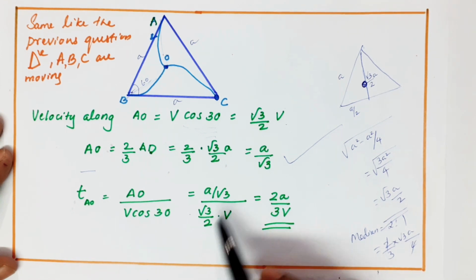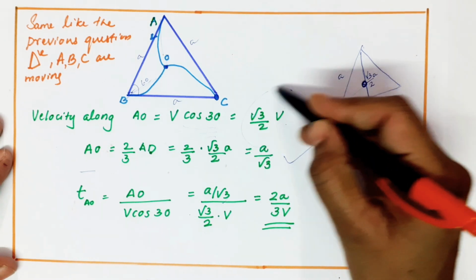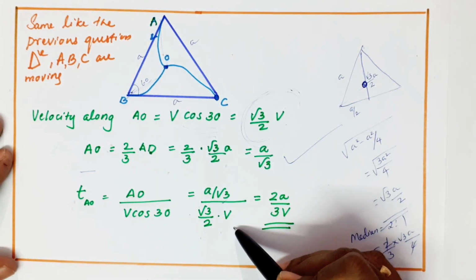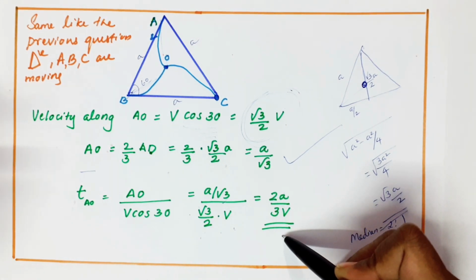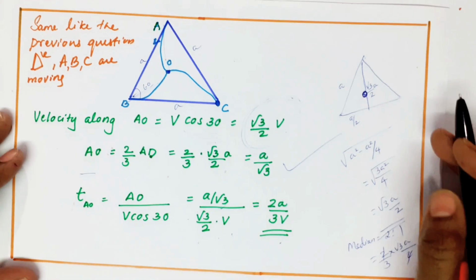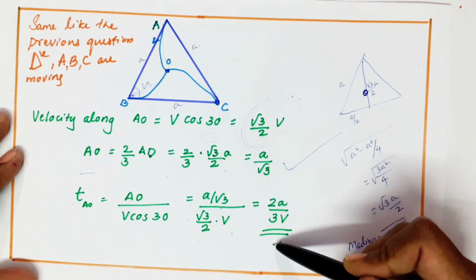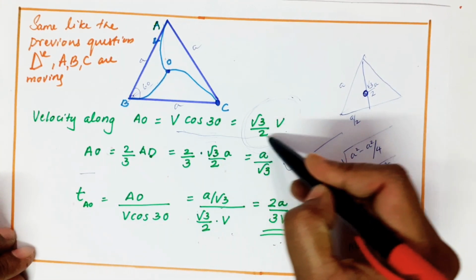So this distance is A by root 3 divided by the speed. What is the speed along that direction? Root 3 by 2 of V. So it is 2A by 3V. I wrote this one also because you may get confused: for the square we got directly A by V, but here in the triangle it is not like that. You have to take the velocity direction V cos 30.